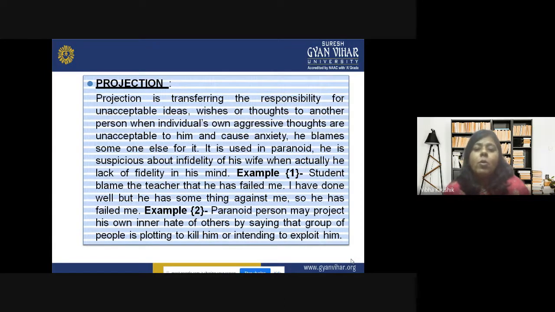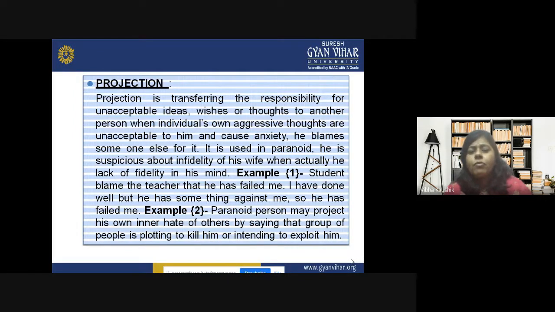When an individual's own thoughts are aggressive and not acceptable to him, and these thoughts are causing anxiety, he blames someone else for it. It is used in paranoia.